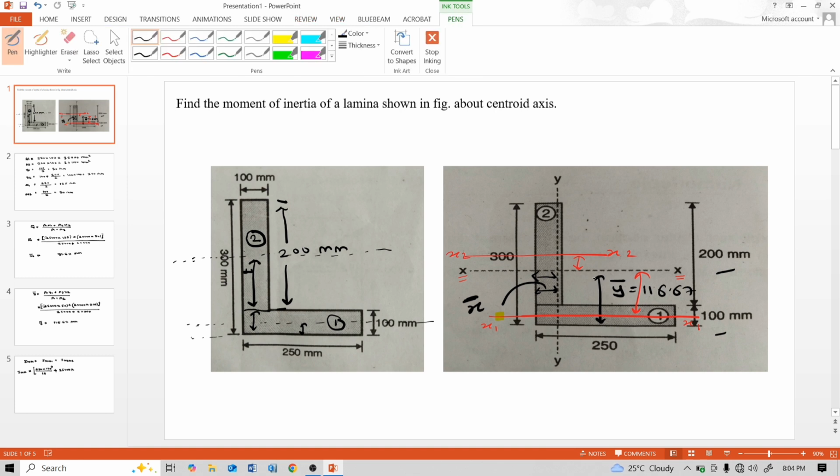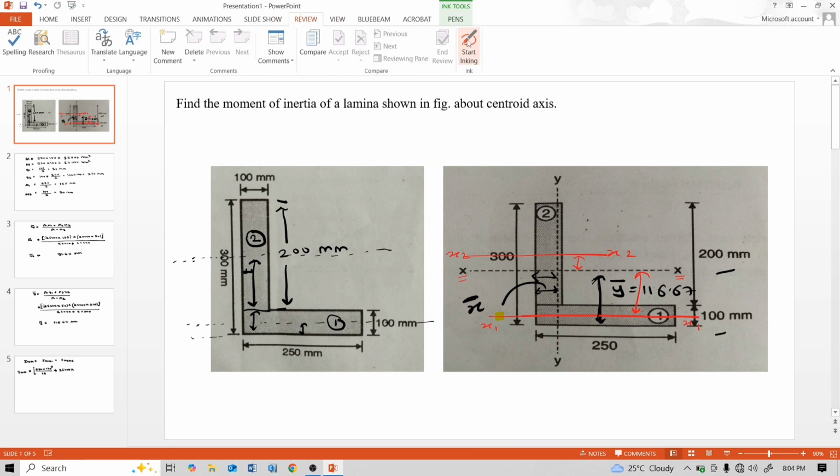Y bar is the total distance from the bottom to this x-axis. So from y bar we deduct this 50 mm, and we get this distance.